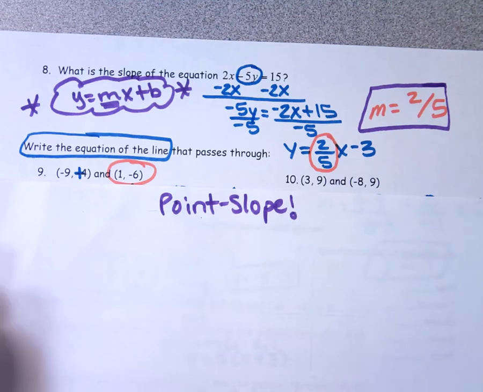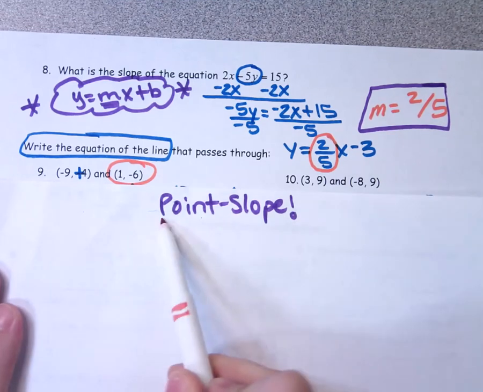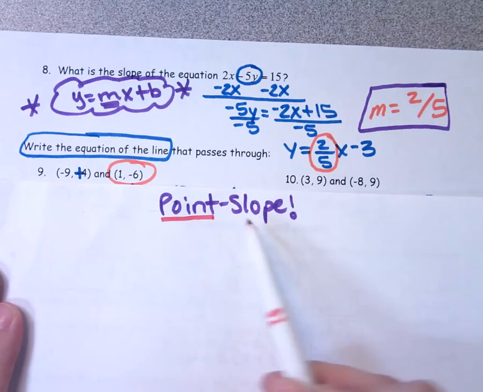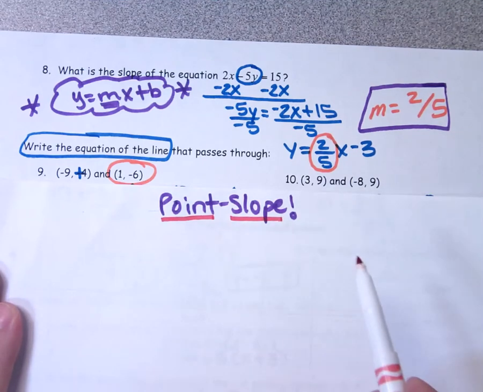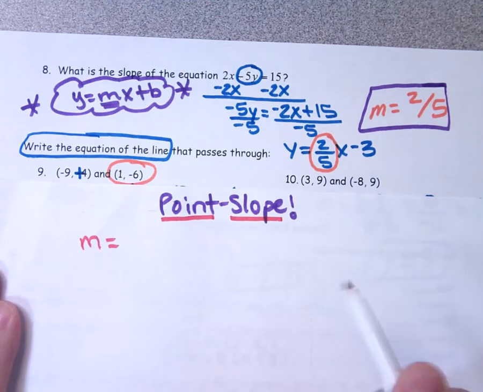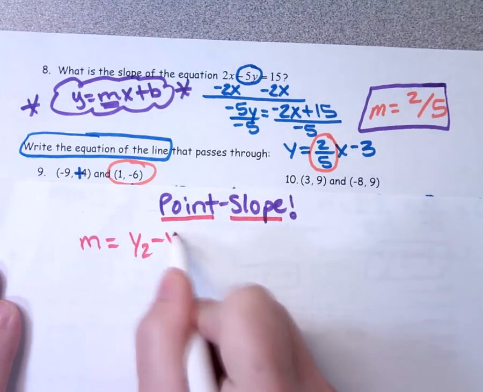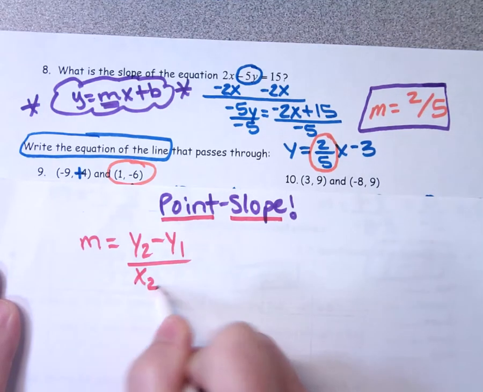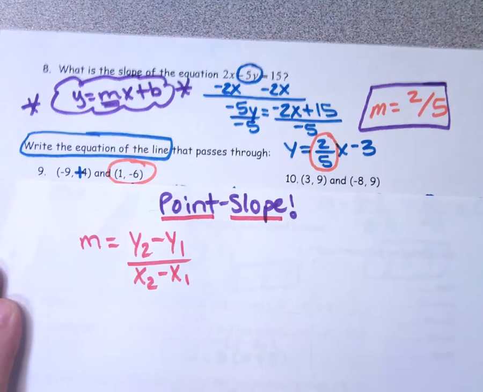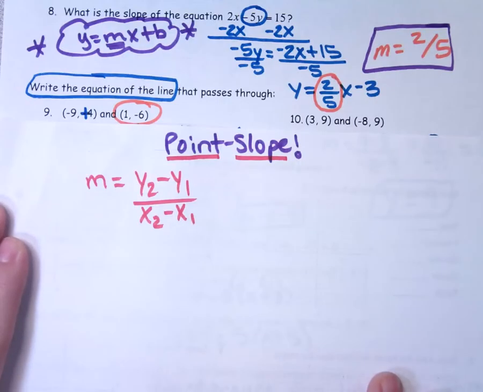Then you have to ask yourself, do I have everything that the name says? Do I have points? Yes. Do I have slope? No. So that's the first thing you would have to find on number 9 and number 10. You'd have to find the slope between those 2 points using this formula: y2 minus y1 over x2 minus x1.